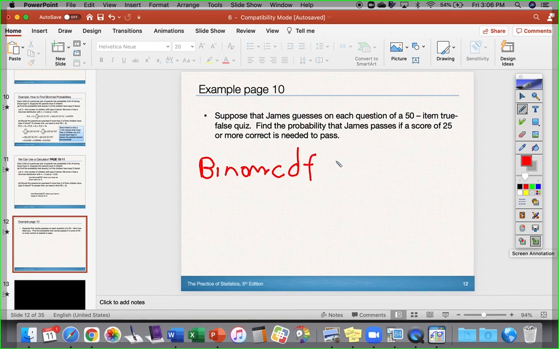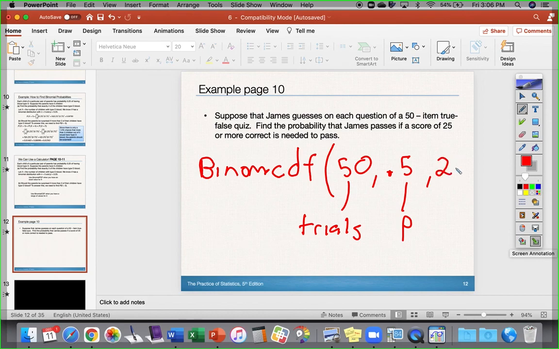Trials is 50, fixed probability is 0.5. Label it trials. Fixed probability is my p-value. And then how many successes am I looking for? Well, if I want 25 or more correct, that would mean I want to get rid of up to 24 correct.